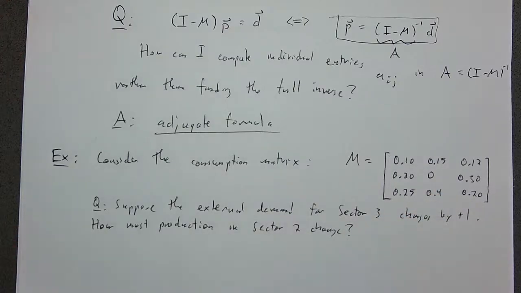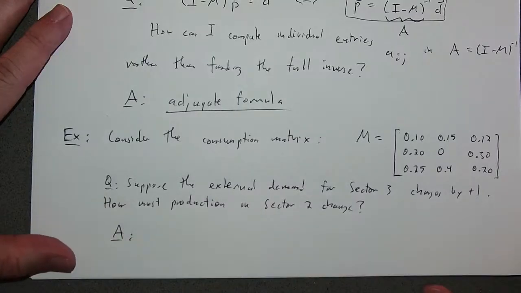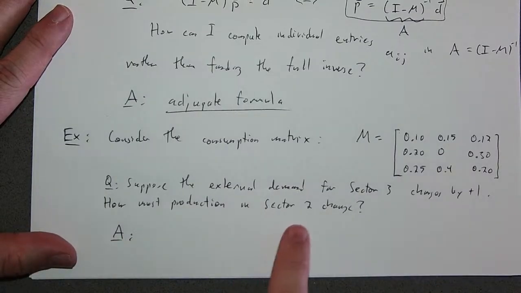Now again, you might look at this and say, well, this is 3 by 3, and I've actually already found I minus M inverse for this problem, so I can just look at that matrix and circle the entry, and that's true. But what we're doing here is showing how this adjugate formula could be used for any of these problems, not just for a 3x3 problem. Okay. The answer to this question is completely answered by what entry of I minus M inverse?